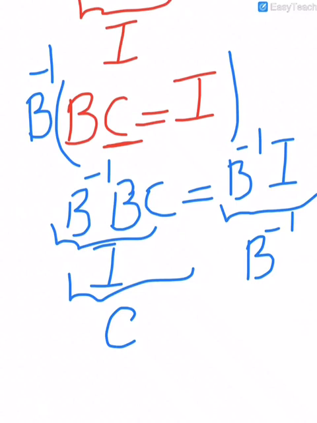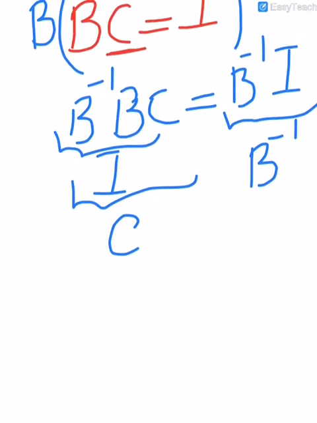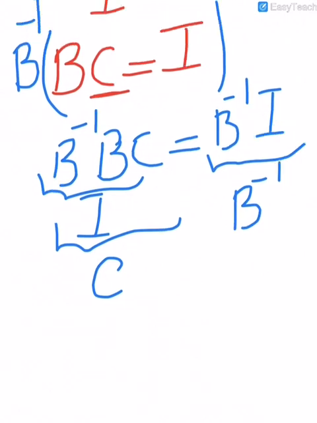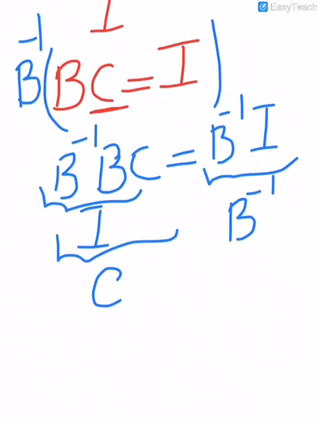Did we get anything? No, we didn't get anything. So you prove this one, but this is the procedure: to prove that equation, you can go by defining this one and multiplying that one.